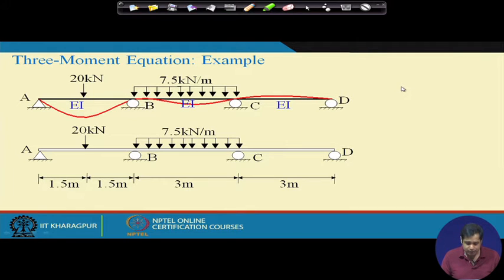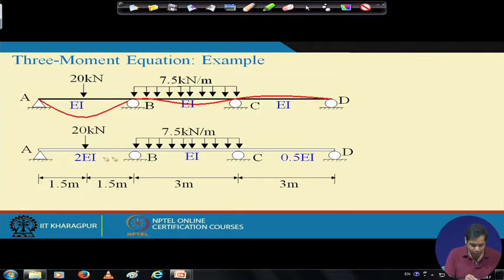Now, suppose the flexural rigidity is different for different spans. For member AB it is 2 EI, member BC it is EI, and for member CD it is 0.5 EI. What exactly are we doing? We are making member AB more stiff, member BC as it is, and member CD less stiff, more flexible.